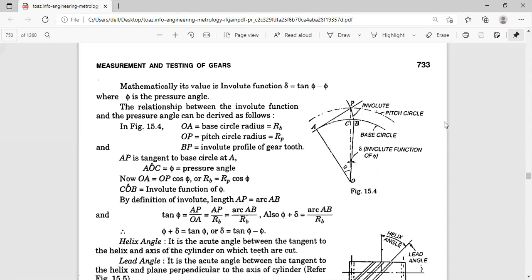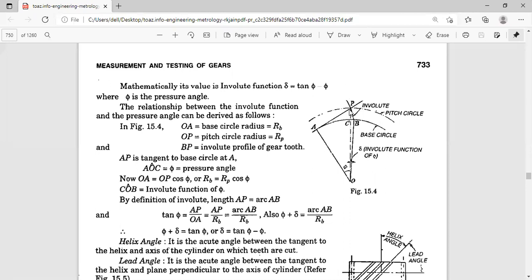So by the definition of involute, what is involute? Involute is nothing but the length AP, but in actual things you have to take that as the arc distance, arc AB. Length AP is equal to arc AB. But what is tan phi? Tan phi is equal to opposite by adjacent.